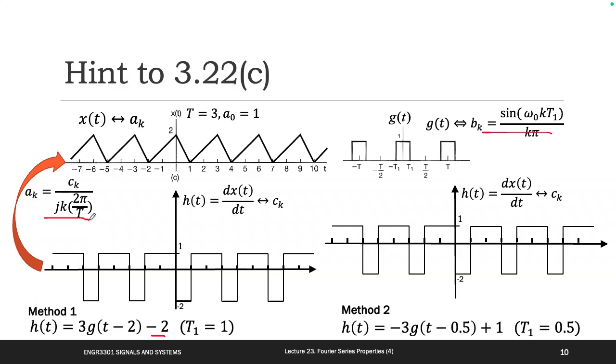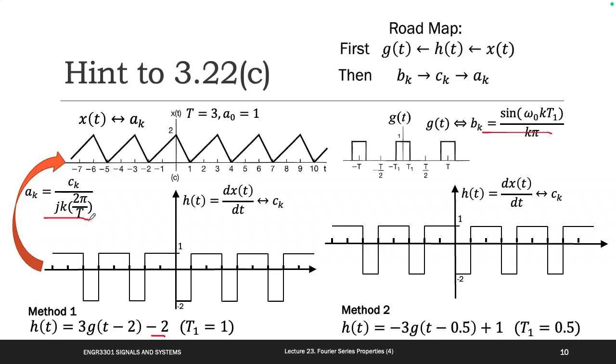Yeah. So this is how all the properties are used. Yeah, it's very important. If you have any questions, just let me know. Okay, let's try to summarize. For this kind of equation, when you get the original signal, try to find which FS pair you need to use, like the first one or the second one, the impulse one or the square one.